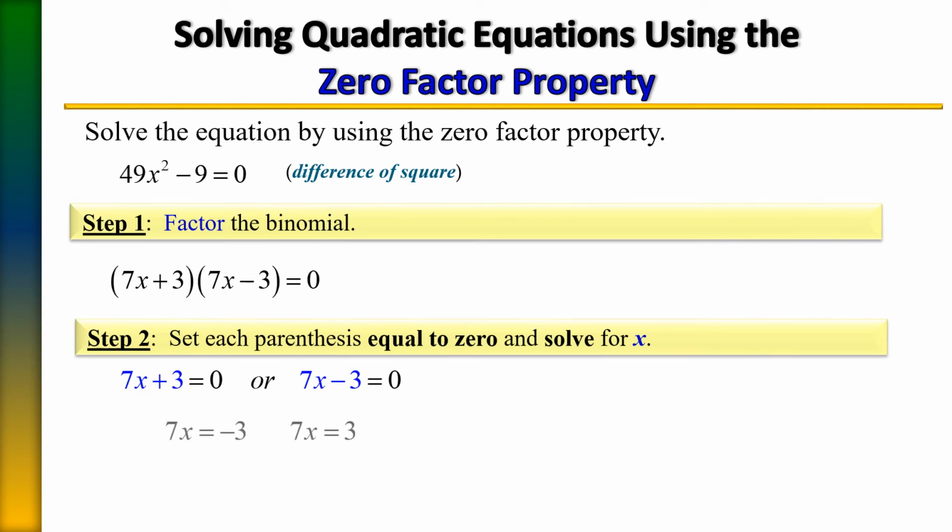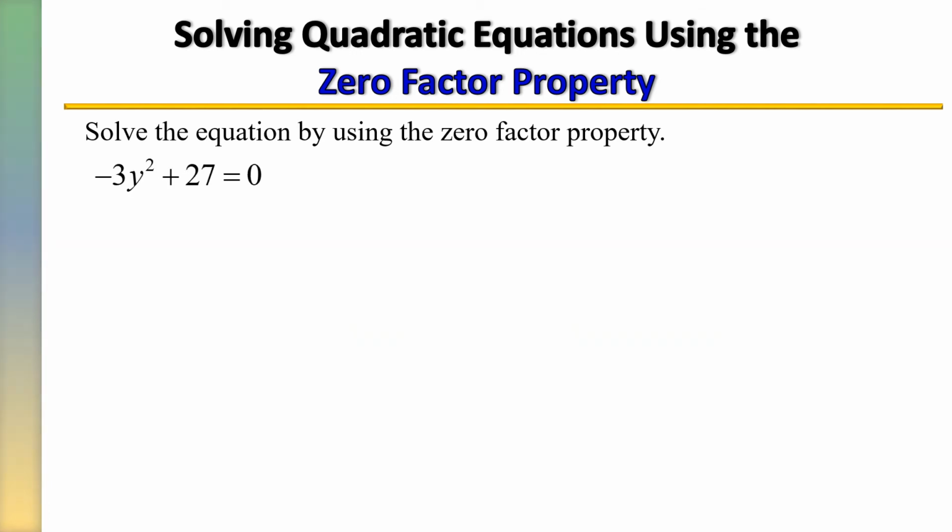And with both of them, you're going to divide by 7. And again, your two solutions will always be opposites of each other. And those are the two numbers that would zero this equation out if we were to plug them in. And there you have it. We've solved this equation using the zero factor property.